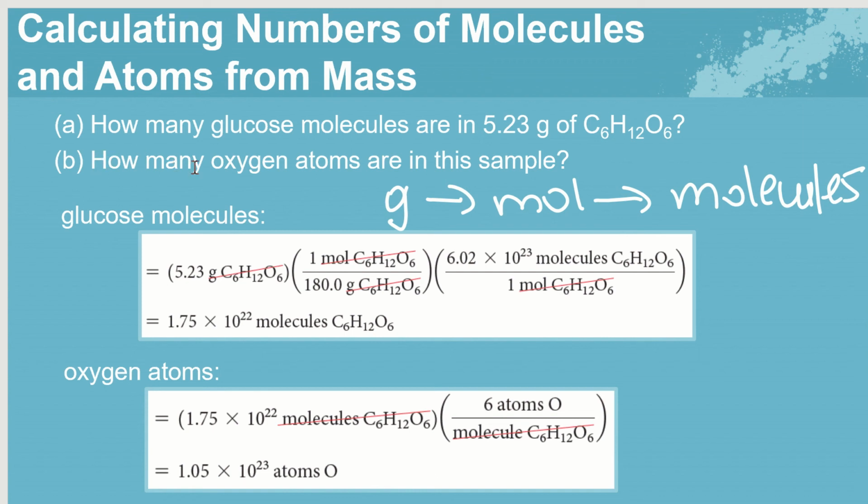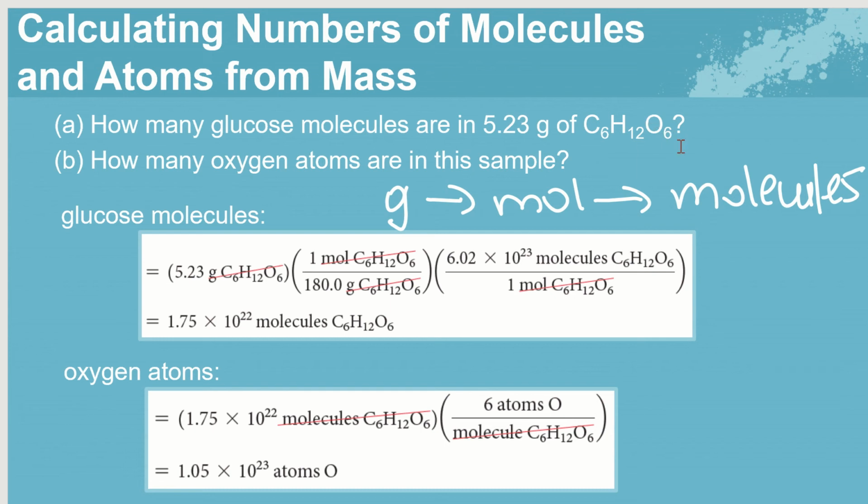For part B, it says how many oxygen atoms are in this sample? So here, we're going from molecules to atoms, oxygen atoms in particular. We have a new conversion factor which says one molecule of glucose has six oxygen atoms. Based on our molecular formula here, we're seeing that that is actually true.